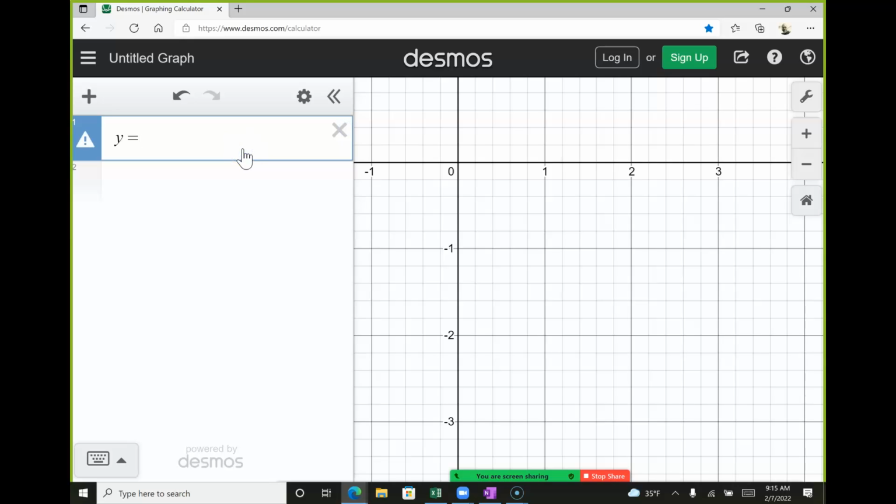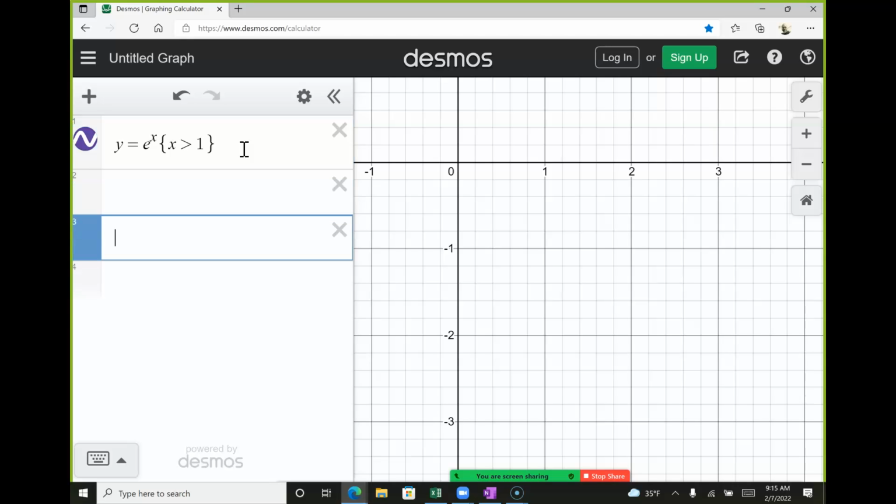I think it's a curly bracket. Y equals e to the x, curly bracket, x less than 1. Oh, less than 1, right? Sorry.